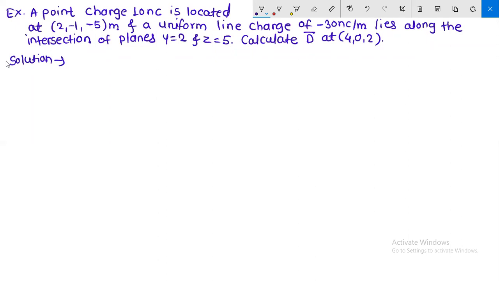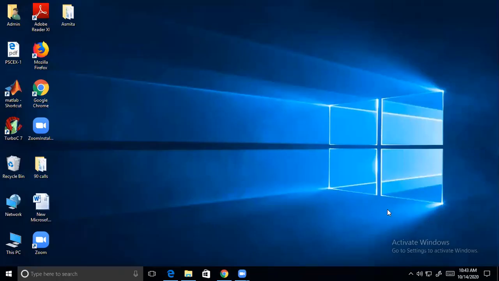A point charge of 10 nanocoulomb is located at 2, -1 and -5 meter.